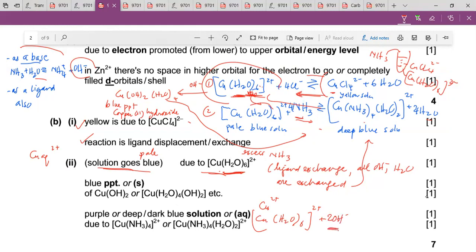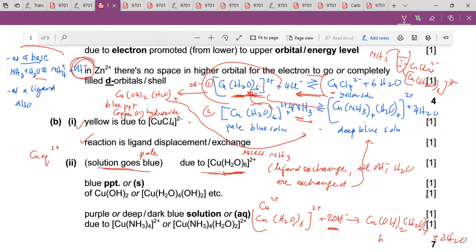From where? From ammonia acting as a base here, to form your precipitate of copper hydroxide. You can put it like that, or you can continue to put the water here. It's again an octahedral, plus of course 2 water comes out.